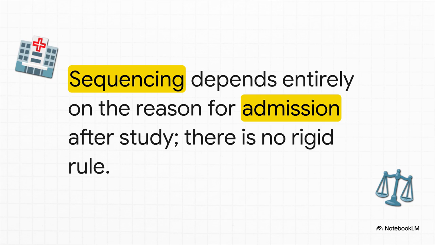None. Sequencing depends entirely on the reason for admission after study. Basically, the focus of the treatment dictates the principal diagnosis. So, if the primary focus was aggressive IV fluid resuscitation, mainly to treat the dehydration, then dehydration might be your principal. But if the focus was managing the renal failure, then AKI takes the lead. And hey, if the principal reason is unclear in the documentation, you absolutely must query the physician.